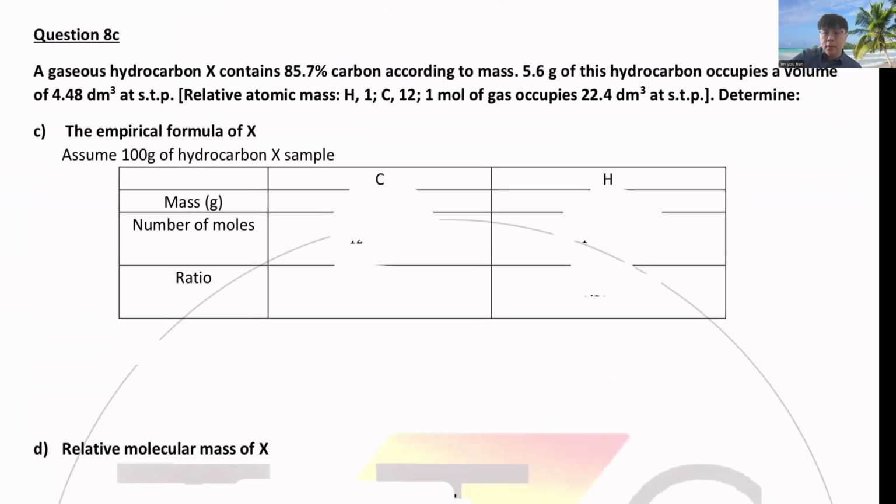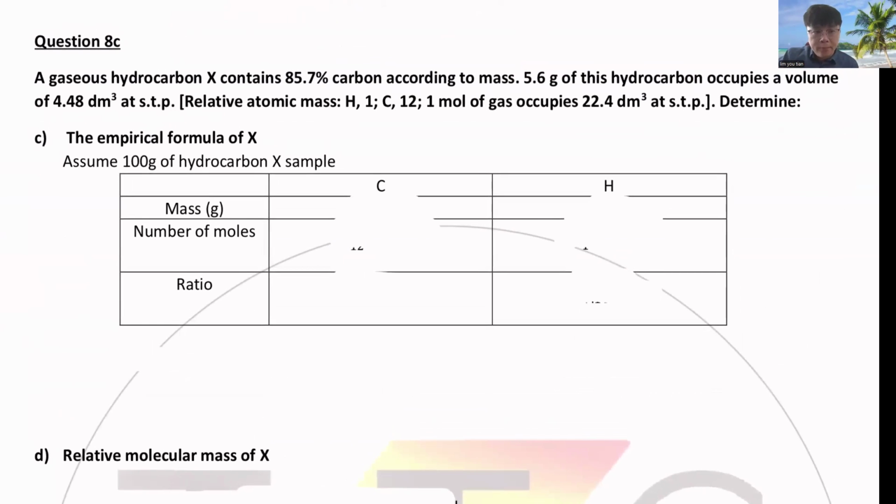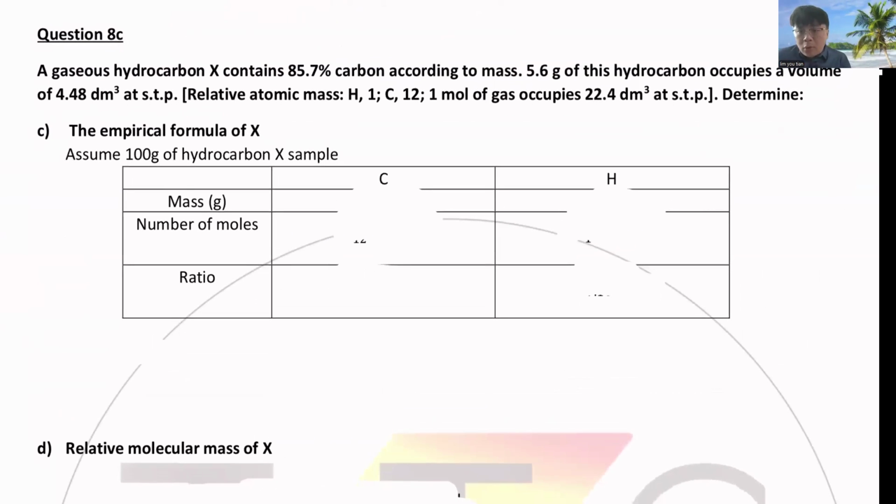This is another, a similar question, but a more complicated version. So first, you need to know hydrocarbon. Based on hydrocarbon, you should know it has hydrogen and carbon, C. That's why I put C and H. Then he says that 85.7% is carbon.